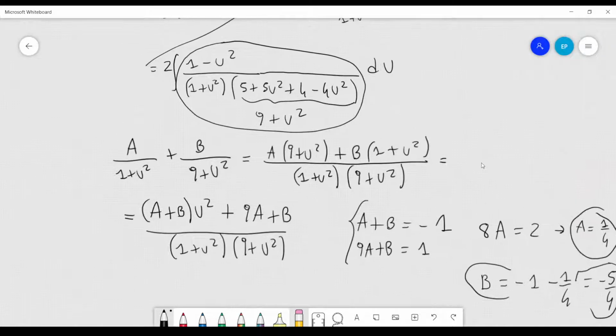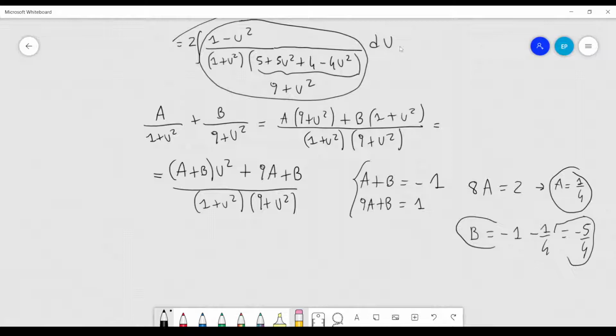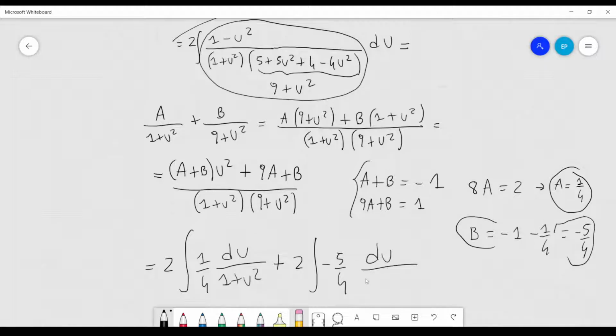Therefore, we can rewrite the integral above like this. We have equal to the integral of 1 over 4 du over 1 plus u squared plus 2 times the integral of minus 5 over 4 du divided by 9 plus u squared.